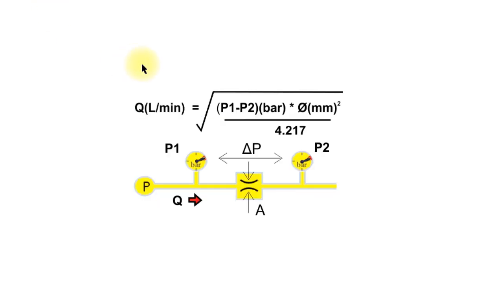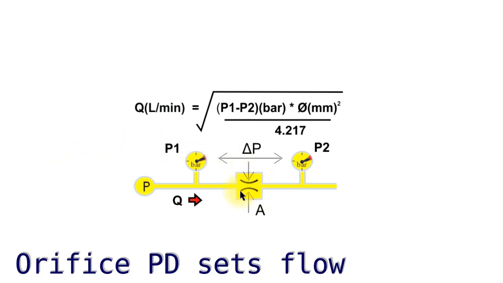So this, another friend, a lovely formula for calculating flows and pressure drops, works both ways round. Most of the time within a circuit we've got a small orifice or a variable orifice inside a control valve or flow control valve. This is set to a particular size.